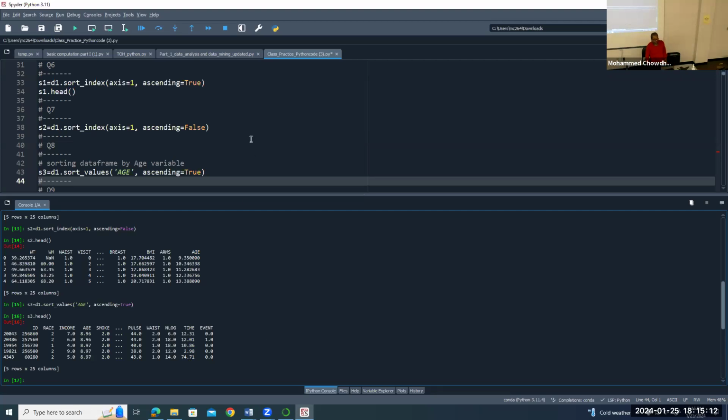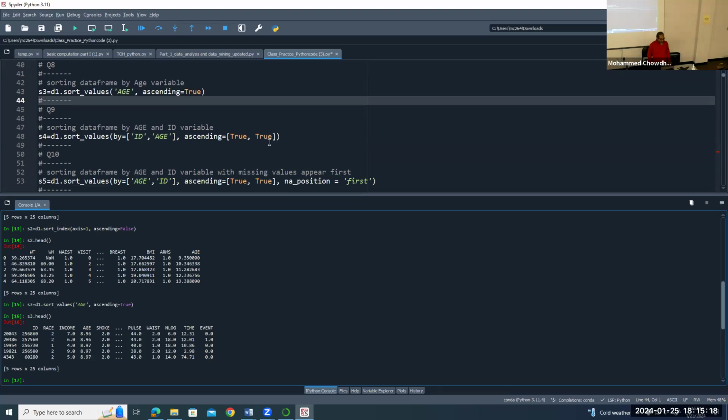Okay. Now I want to sort the data by two variables instead of one variable. How can I do that? That should be done by writing the variables in the format I want. I want to first sort the data by ID, then sort by the age. That means if there are similar IDs, 111, then all 111 will come, and corresponding to 111, all age variable values will appear.